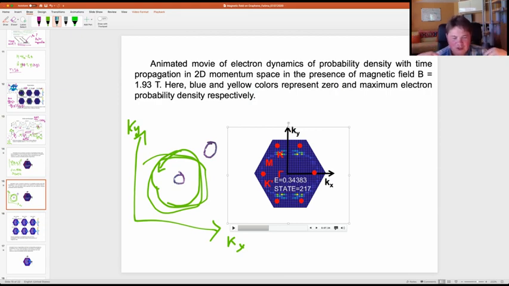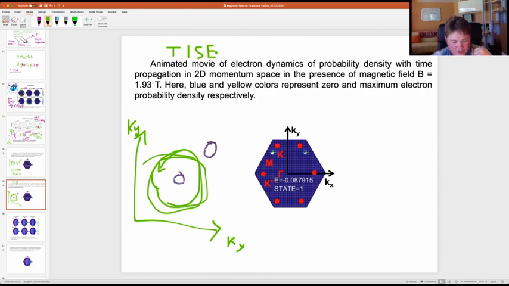What will be new? This is static, and the next slide will be dynamics. So until now, we were solving time-independent Schrödinger equation. And starting from the next slide, we will look for solution of time-dependent Schrödinger equation, right? Okay.